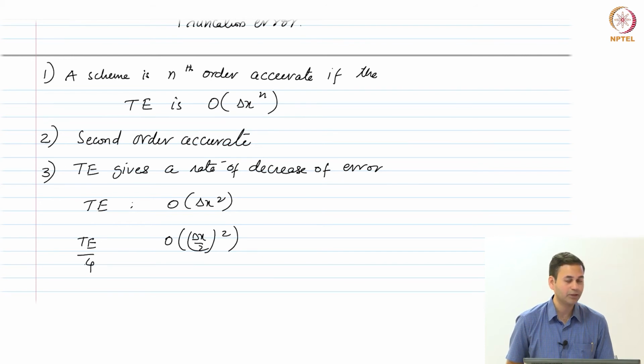Essentially, it will become T by 4. So, if you halve the grid, the truncation error will go down by 1/4 if you have a second order scheme. Similarly, if I halve the grid, the truncation error goes by 1 by 2 to the power n if I have an nth order scheme, and so on. All this is of course assuming delta x is less than 1.